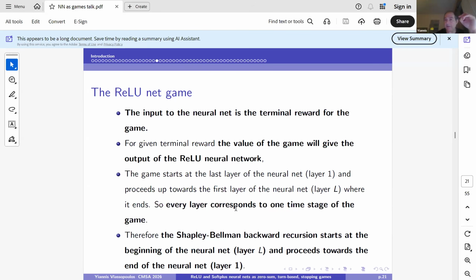There are exactly as many time stages as there are layers of this neural network. Note that the Shapley-Bellman equation that we discussed before will be a backward recursion, from the top of the neural network to the bottom, and the Shapley-Bellman recursion will be precisely the ReLU activation function. That's how we're going to set this up.